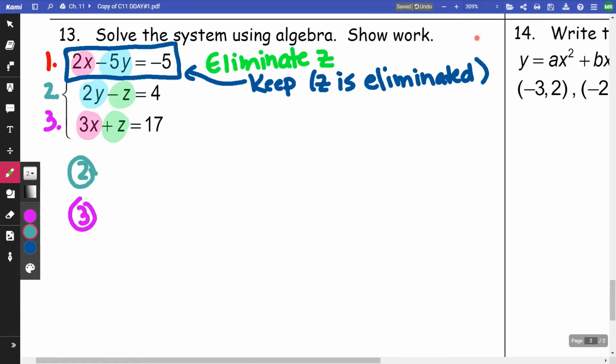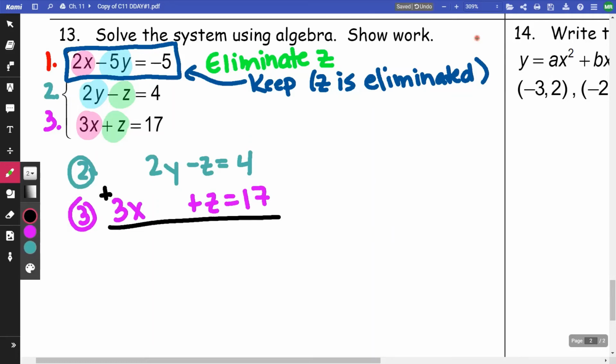And then I'm going to have my 2y minus z equals 4. My purple one, I have 3x plus z is equal to 17. My z's are going to cancel out, so I'm going to get 3x plus 2y is equal to 21. So that is going to be my equation 4.